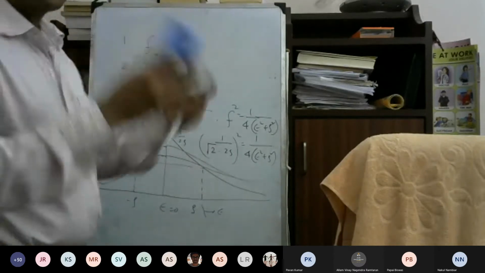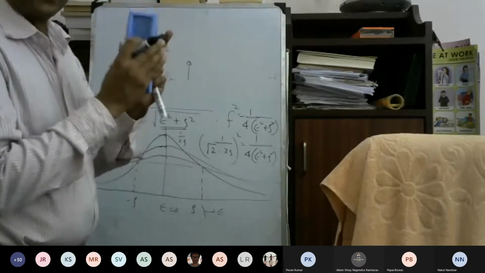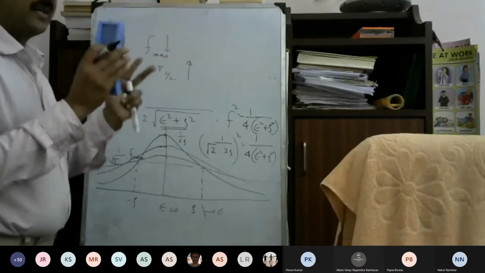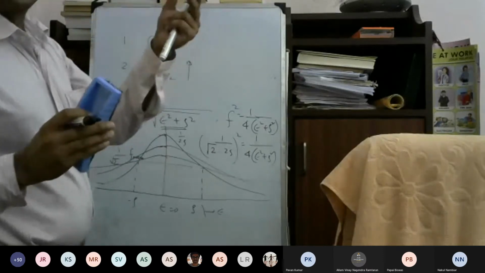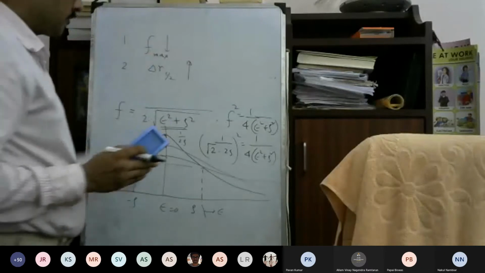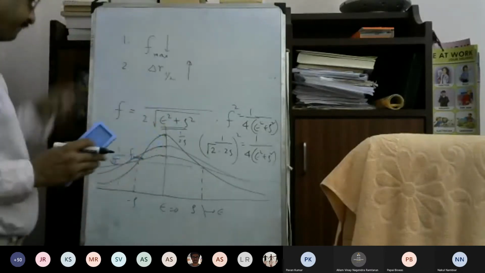That means we are always considering very near to our resonance condition, where zeta is equal to 0. So near about that, we are just increasing the zeta a little bit and seeing what is going to happen to that frequency response function F.